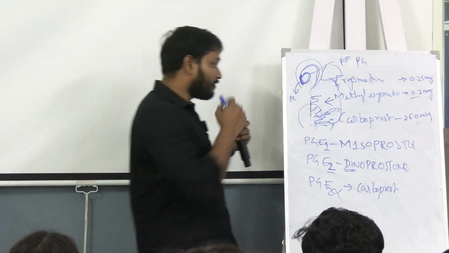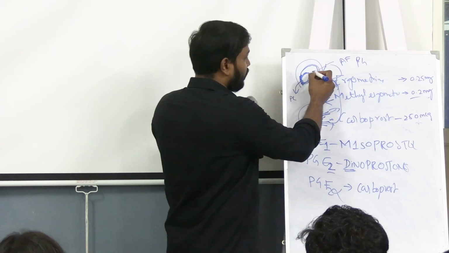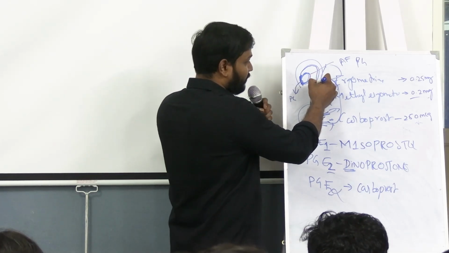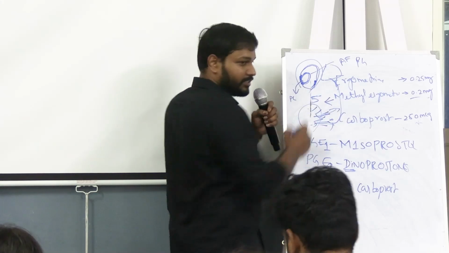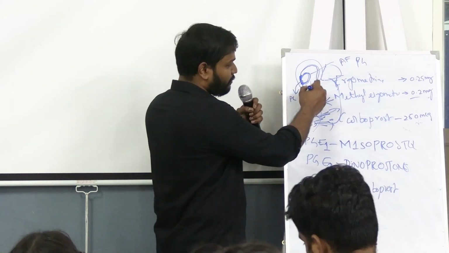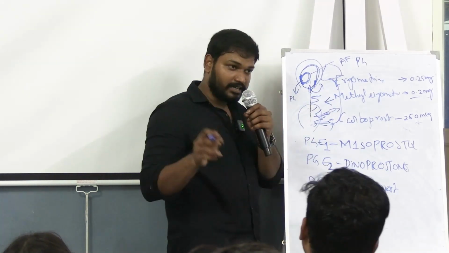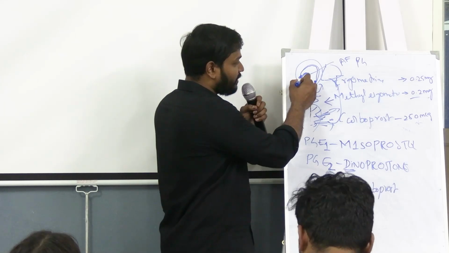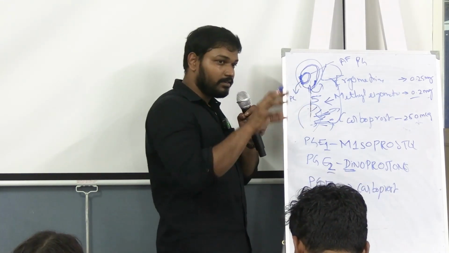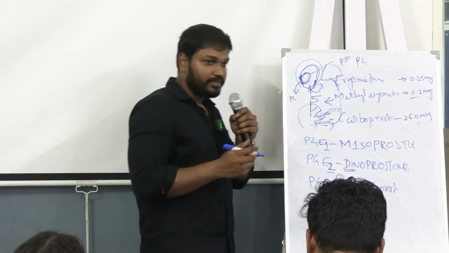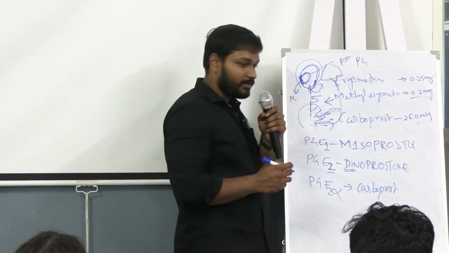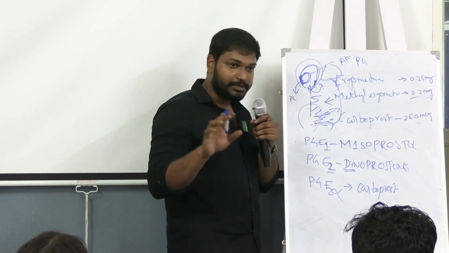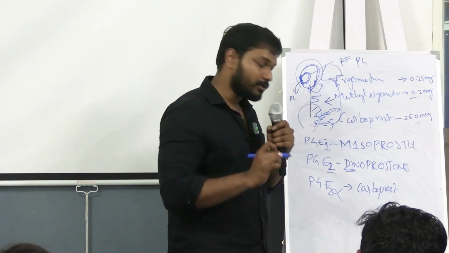Apart from that, the amniotic membrane: when there is any rupture of the membrane, there will be prostaglandin release. In miscarriage, if there is any problem with the placental attachment, there will be disturbance of the decidua, which will also cause release of prostaglandins.